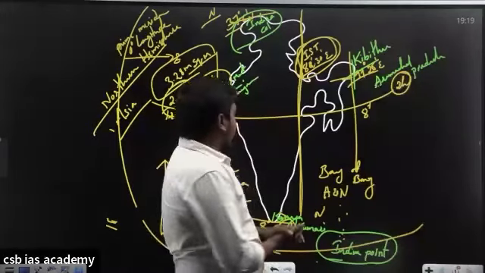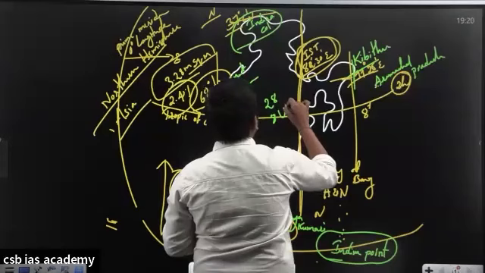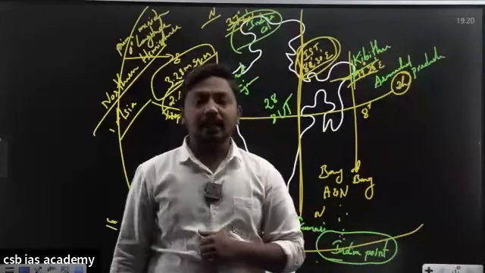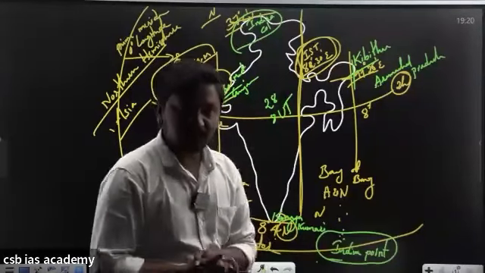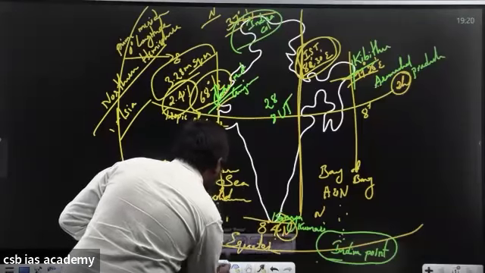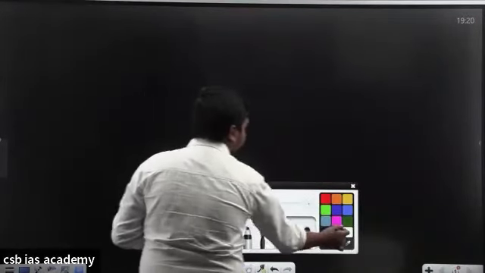Yes. Now we have 28 states and 8 union territories. How many states, sir? 28 states and 8 union territories. These are political and administrative divisions of our country. Right? Now let us look at the physiographic divisions of our country. Do you have any idea about physiographic divisions?